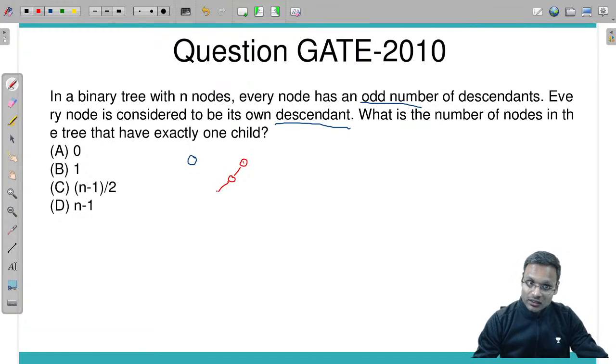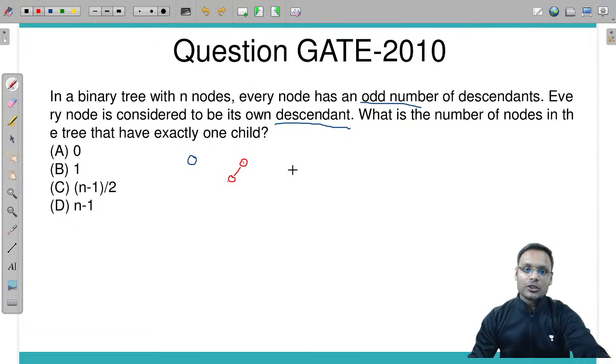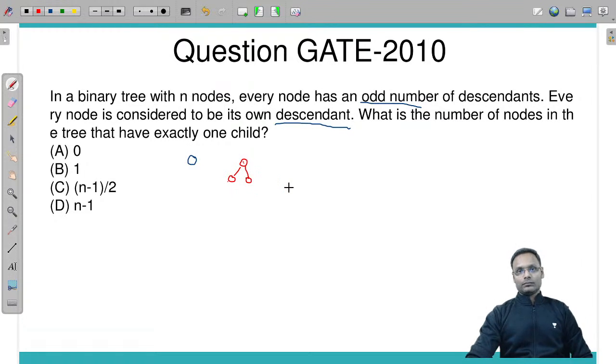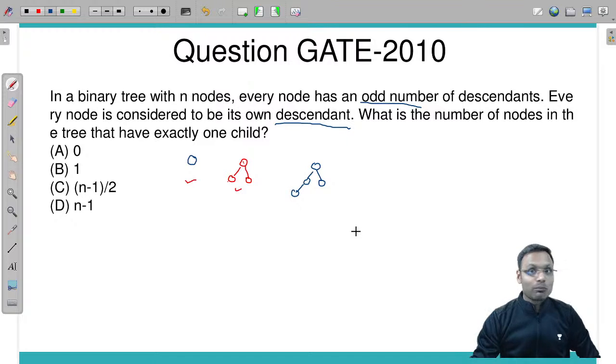If I add it here, then this particular node will create the problem. This node will have two descendants, self and child. So what should I do? I should add it here. This is fine. Yes, correct. Next, if I add one more node here, do we have every node with an odd number of descendants?